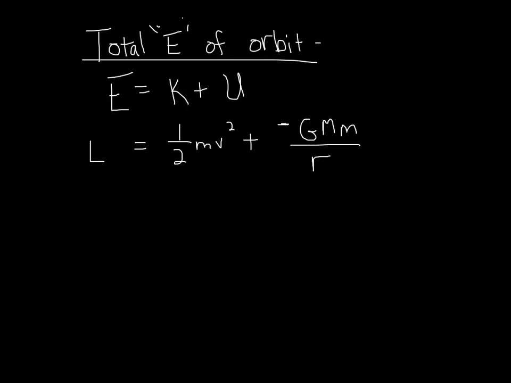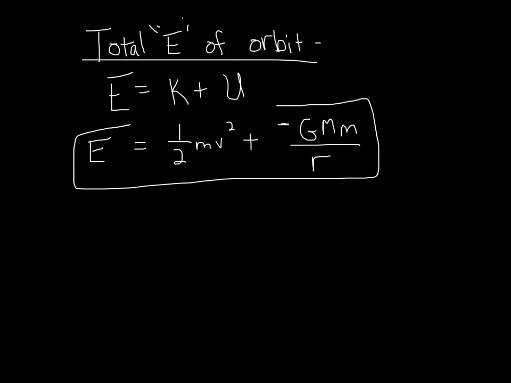So the total energy of an orbit is 1/2 mass times velocity squared plus a negative G m m over r, where again this negative is a consequence of the force being attractive for gravity.